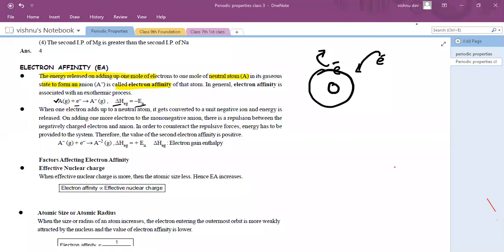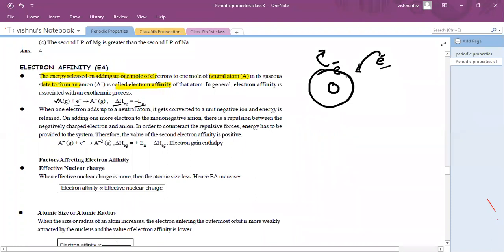In that case, you have to supply energy. So electron gain enthalpy is the energy change when one electron or 1 mole of electron is added to one atom or 1 mole of atom in its gaseous state to form a stable ion, or anion. It is the amount of energy change when 1 electron is added to an isolated gaseous atom.